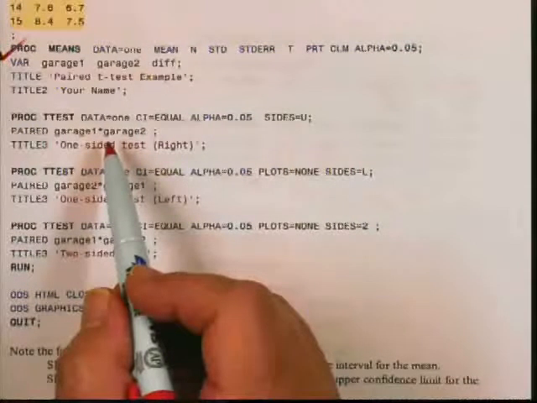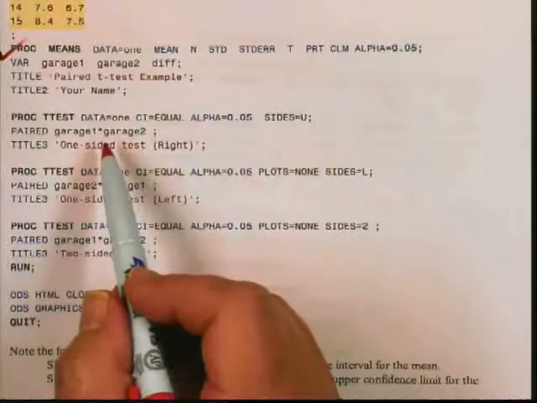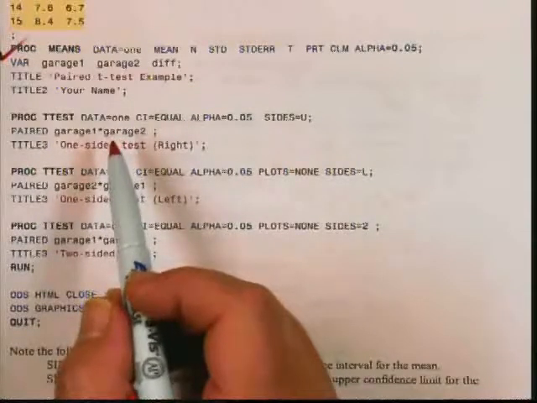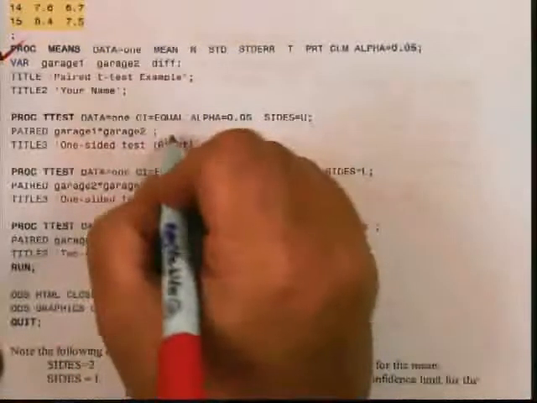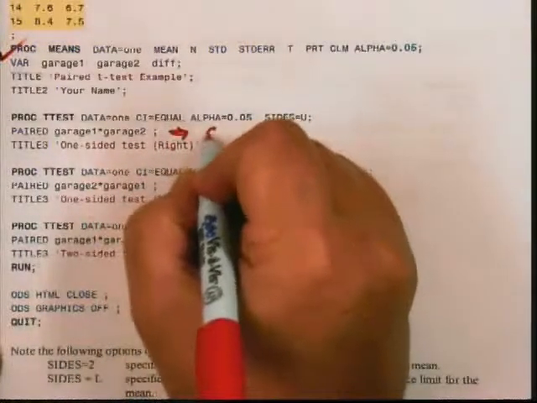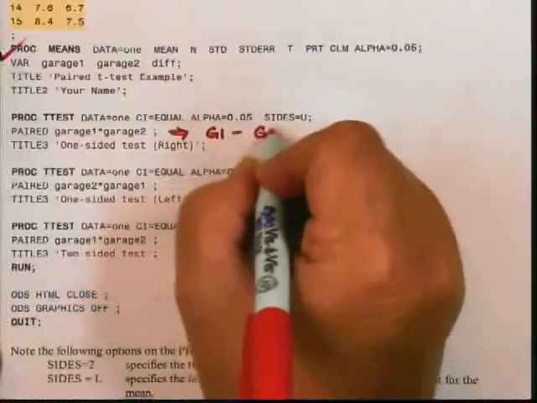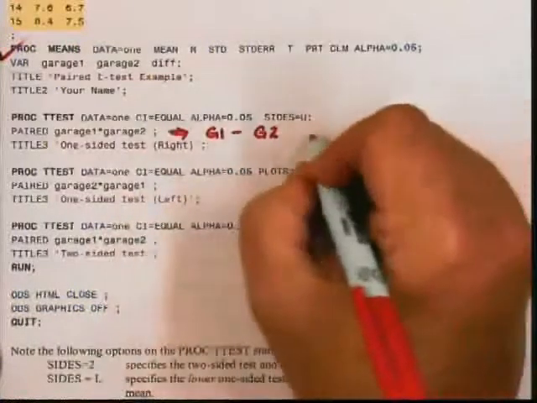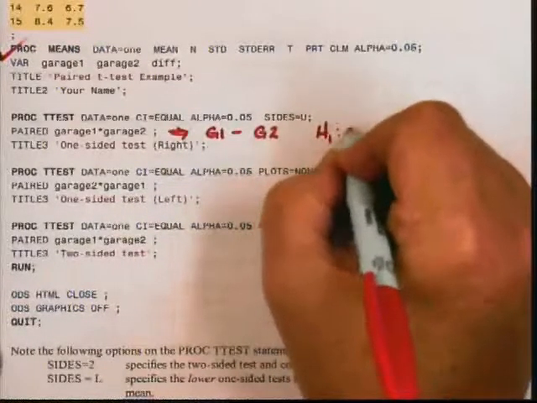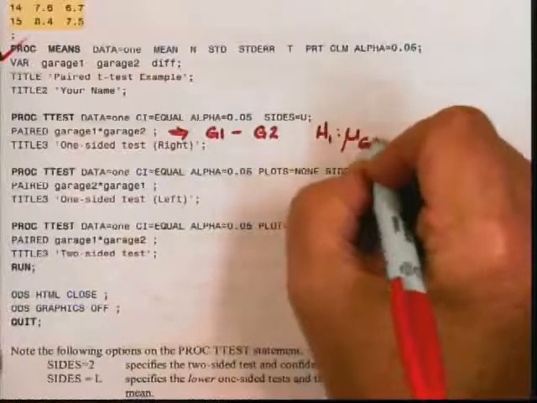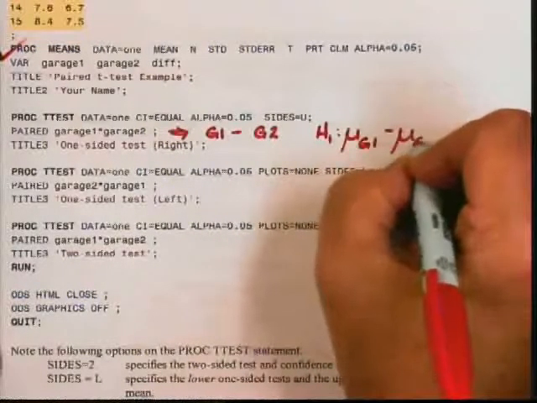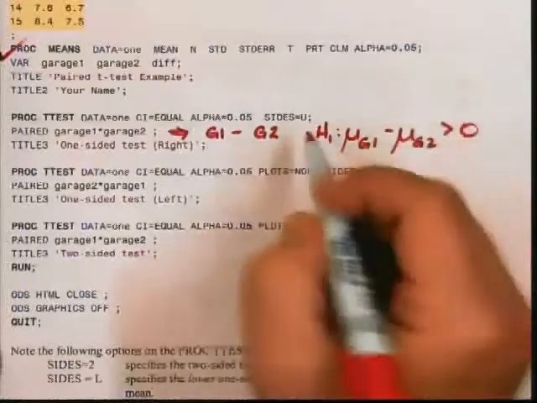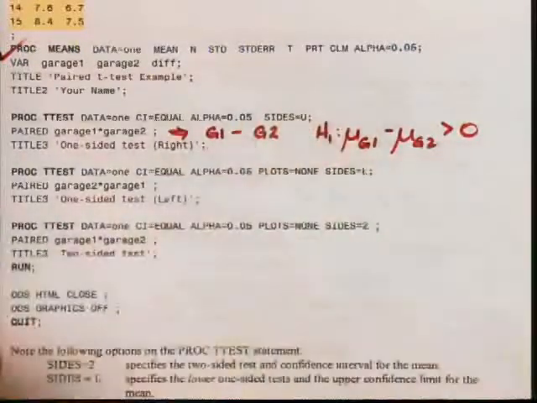Okay, if we do garage 1 minus garage 2, we're testing whether or not that difference is positive or greater than 0, right? Okay, so this part here generates garage 1 minus garage 2. All right, and so that would mean our H1 is a right-hand test, hence the U for upper.